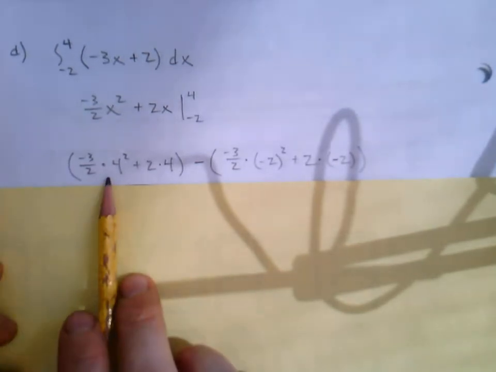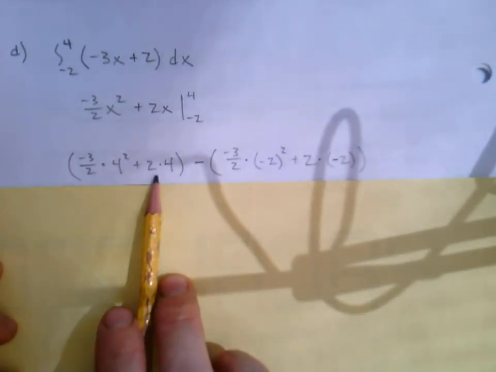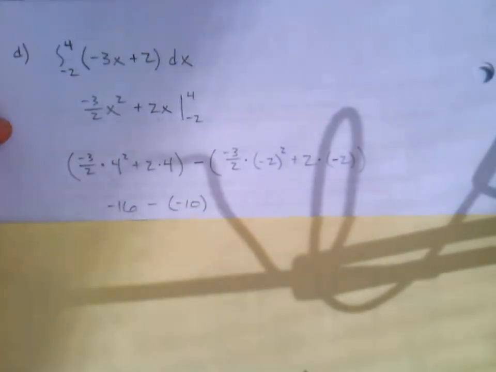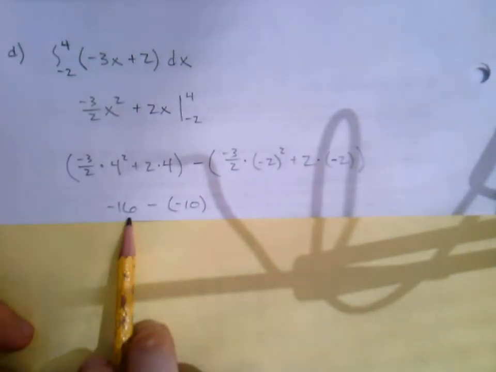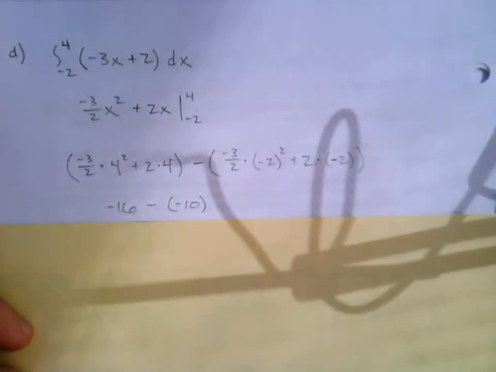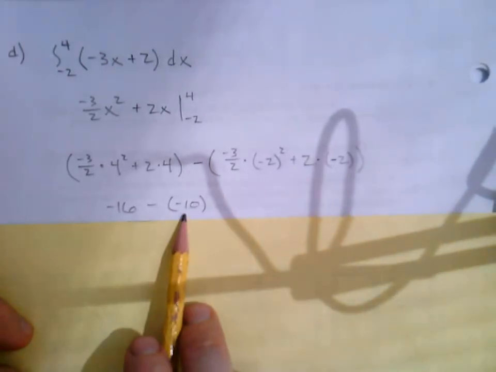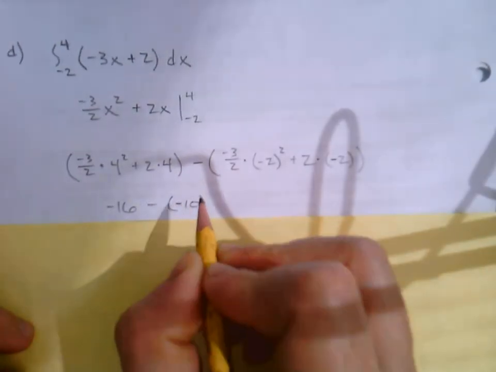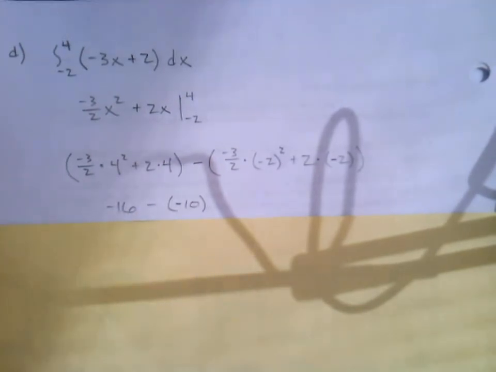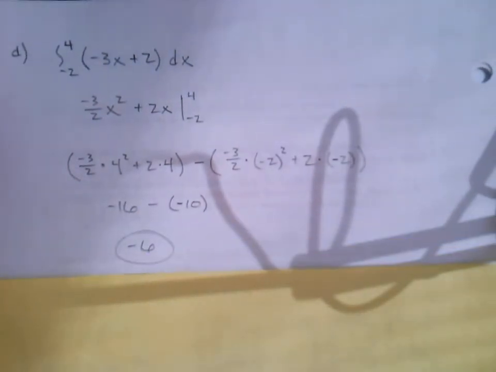And I think I looked at each of these one at a time. This one here, grab a calculator, maybe confirm with me that you got -16 right there. Then we subtract, and this whole thing over here, I got -10. So, of course, we end up adding, and our answer is -6.